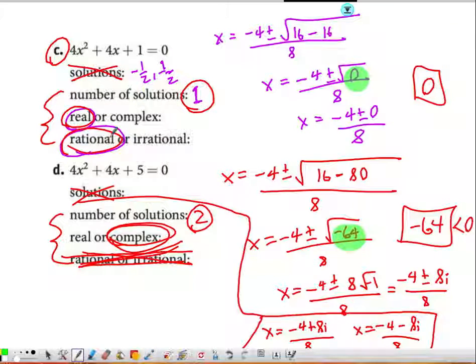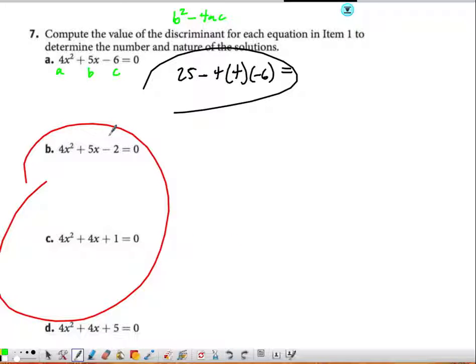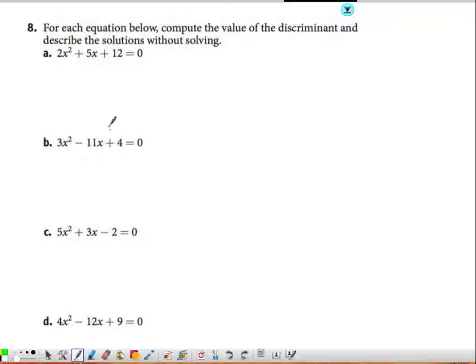No. What we can do instead is find the discriminant. So let's just do these really quick. We're not interested in finding the solutions. We're just interested to see how many solutions we have. Are they real? Are they complex? And if they're real, is it rational or irrational? So let's go ahead and find the discriminant for each of these.